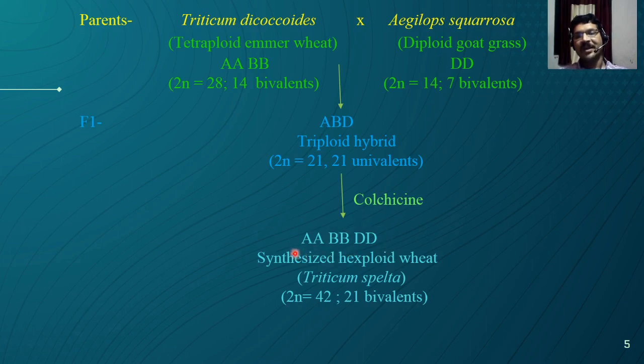So these plants are known as allopolyploids. Allopolyploids have been synthesized in the laboratory by the scientists in this way. So this is the allopolyploid of Triticum, and this is very similar to Triticum spelta. This is the artificial synthesis of hexaploid wheat. So this is the first example.